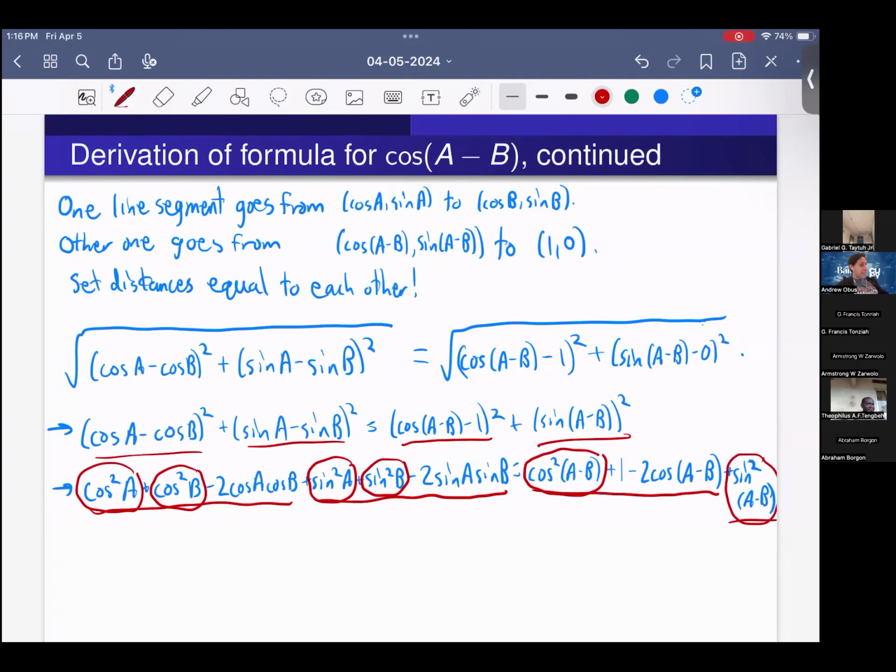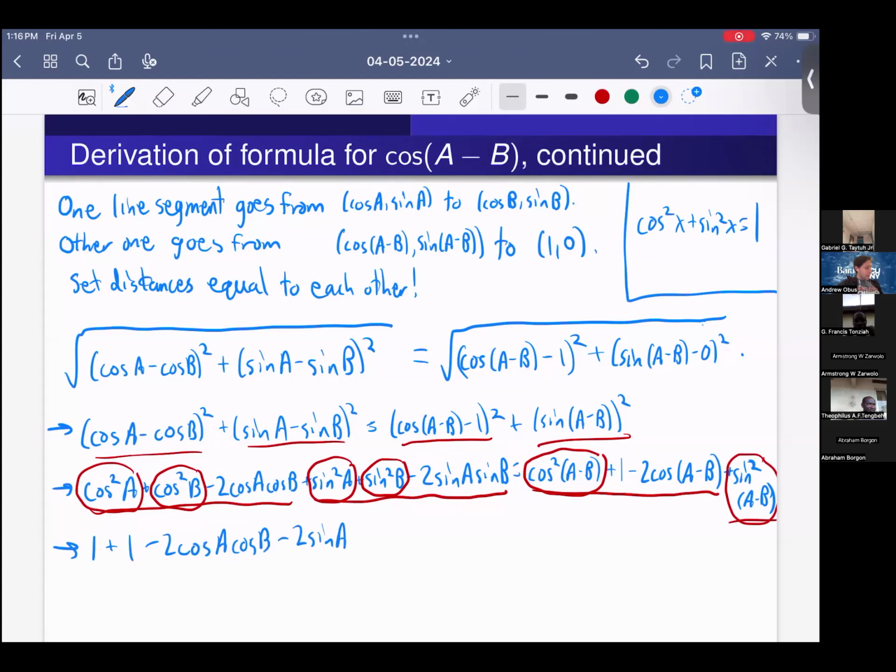Remember that no matter what, cosine squared x plus sine squared x is always equal to 1. Applying this identity, I get 1 plus 1 minus 2 cosine A cosine B minus 2 sine A sine B equals, and again here I have 1 plus 1, and then minus 2 cosine (A minus B).